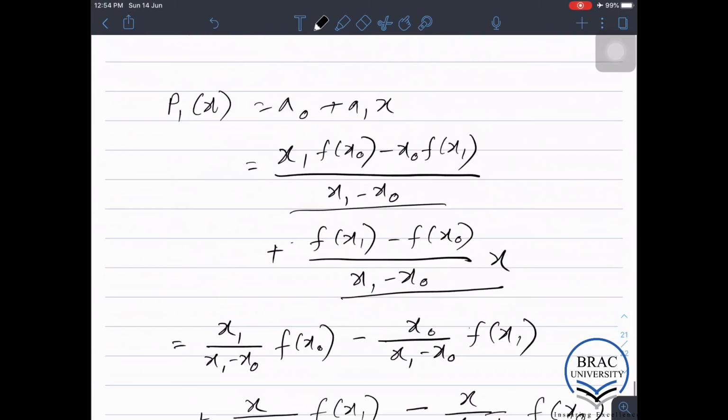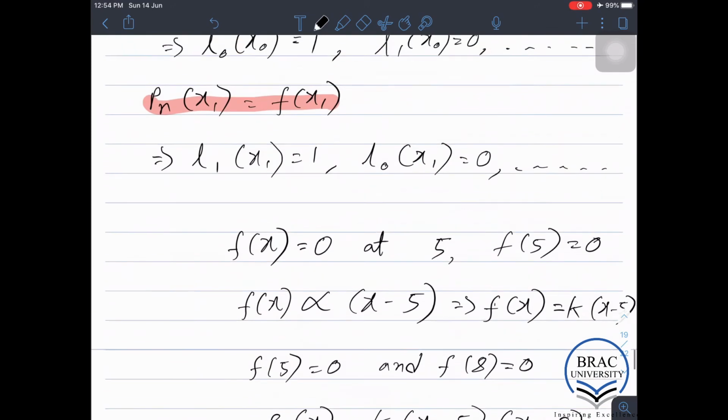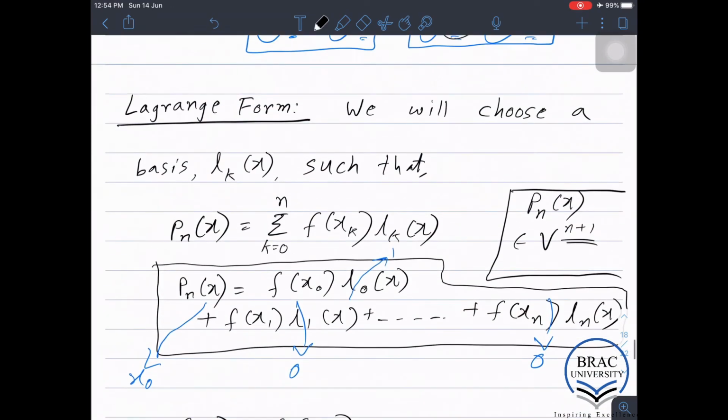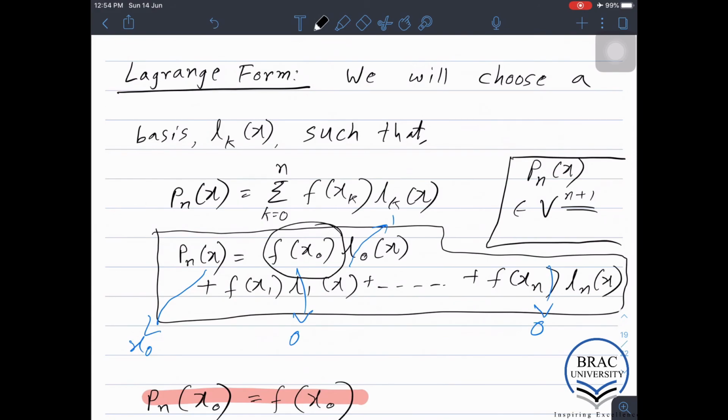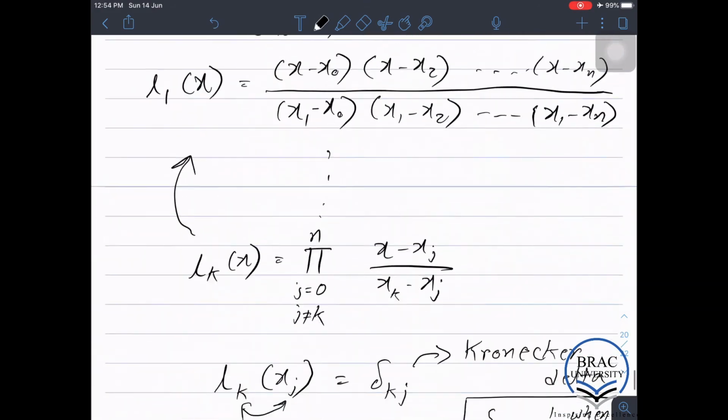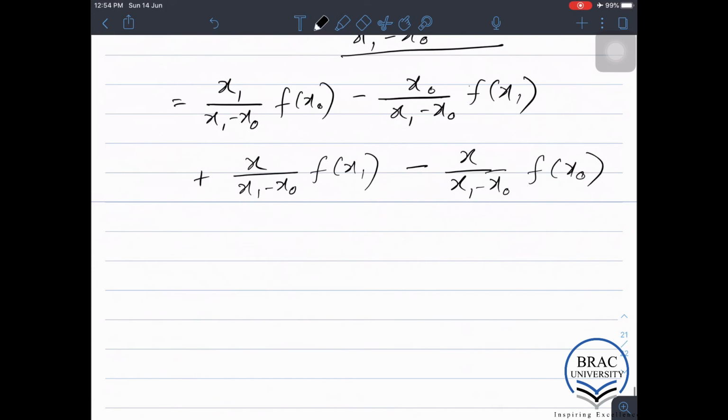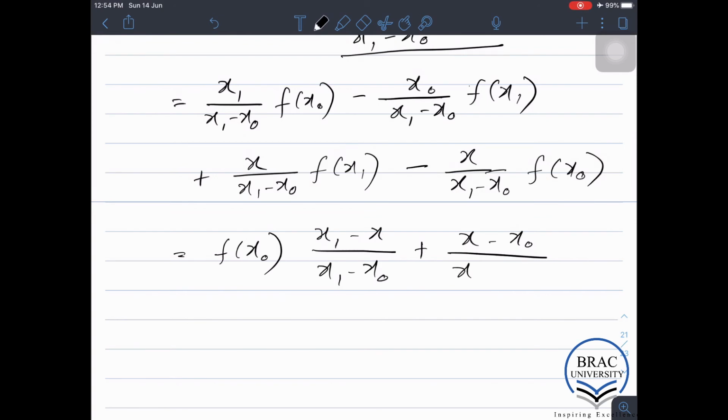So if we look at the Lagrange form, we try to isolate f of x0 and f of x1. So let's try to do that here in this example for a 2-point polynomial interpolation with 2 nodes. If you take f of x0 as a common factor, then what you see is x1 minus x divided by x1 minus x0. And similarly, plus x minus x0 divided by x1 minus x0 times f of x1.